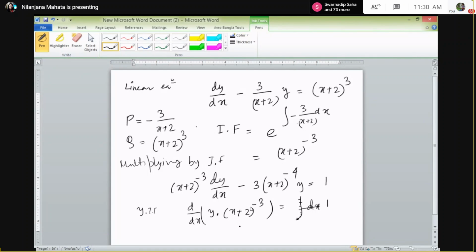So if I am integrating, then I will get the result. Okay. So have you understood the process? What we are doing with the linear equations?